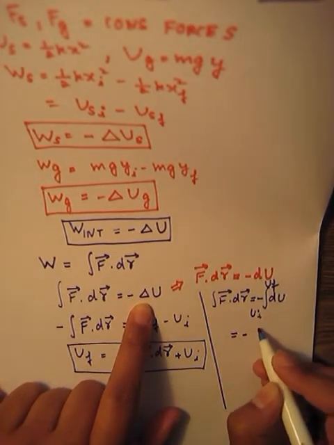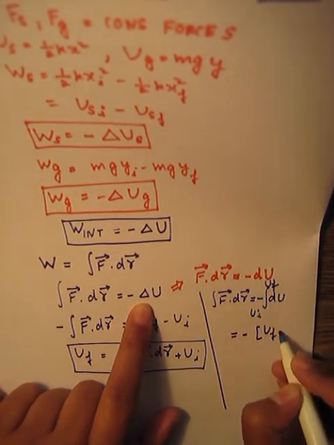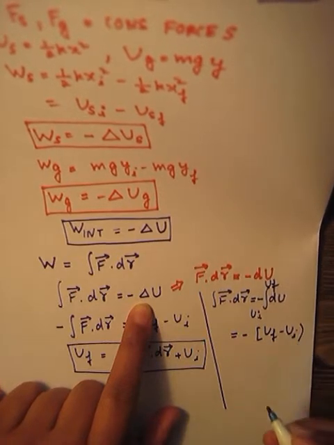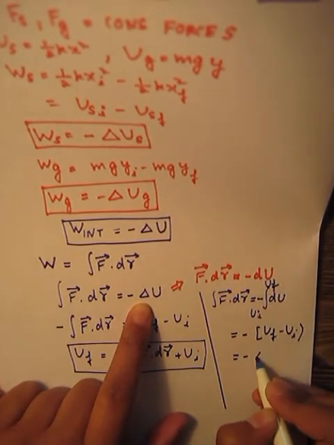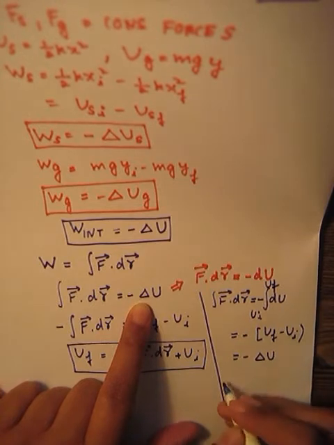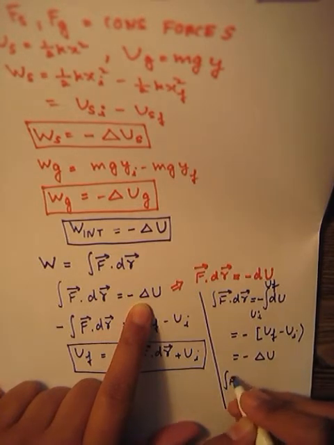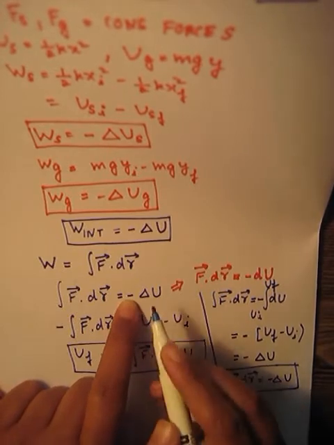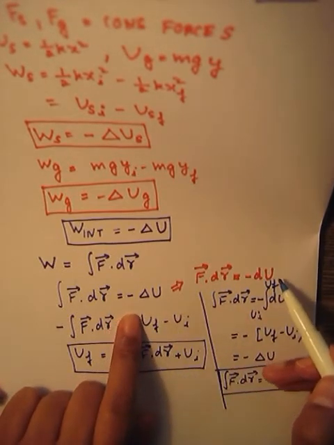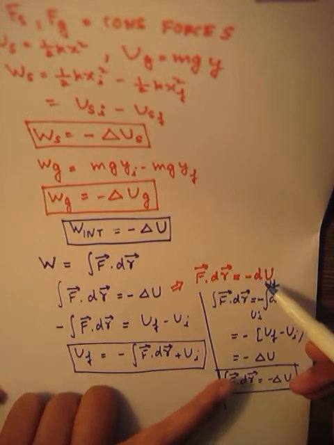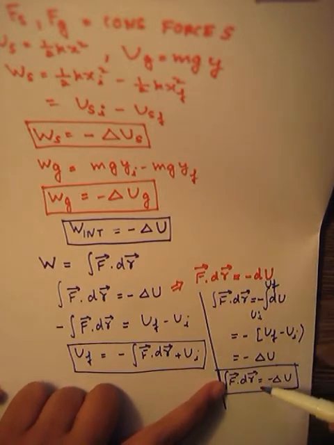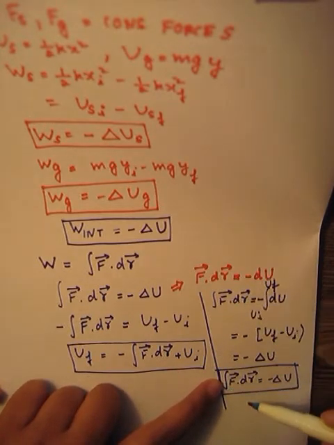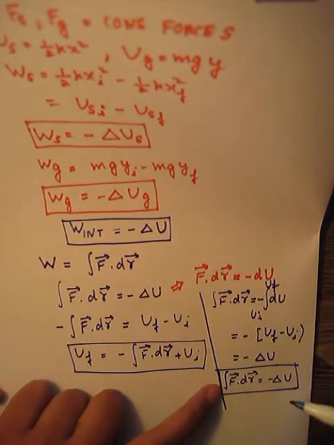So if we take an integral of it, it will be U_f minus U_i, or minus delta U. So we conclude from here that the integral of F vector dot dr vector is equal to minus delta U. So it means that this equation could also be written like this, because you can get one equation from the other by removing or inserting an integral.